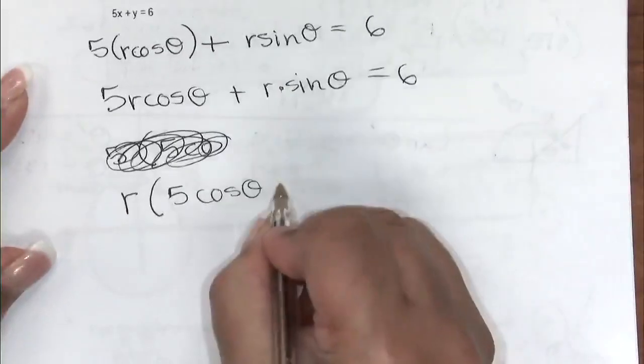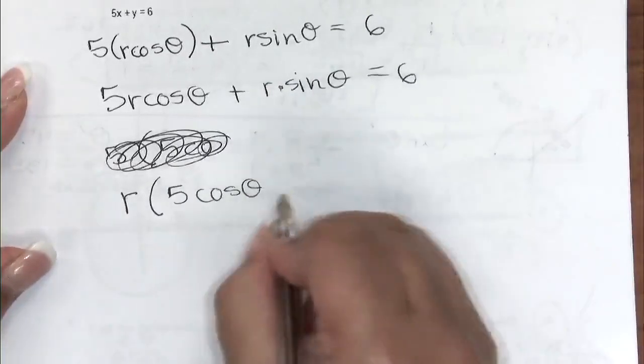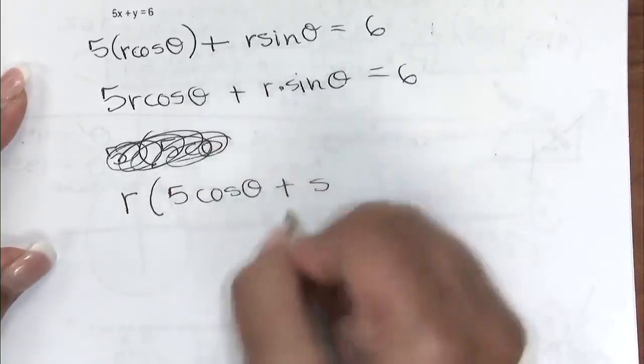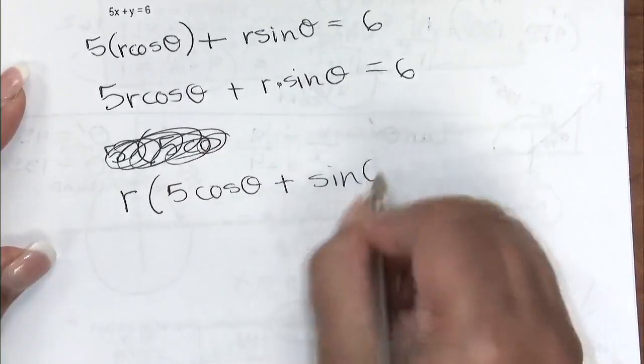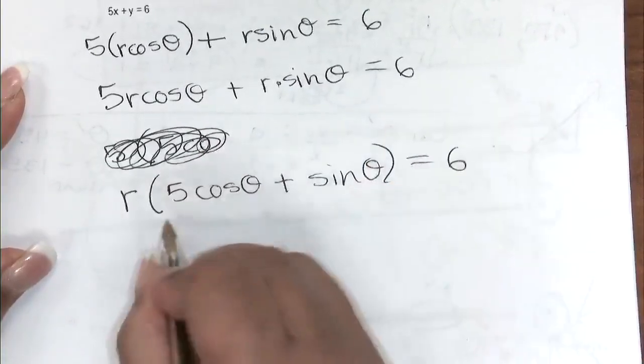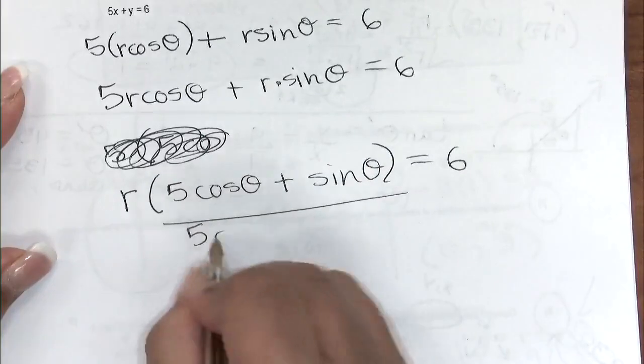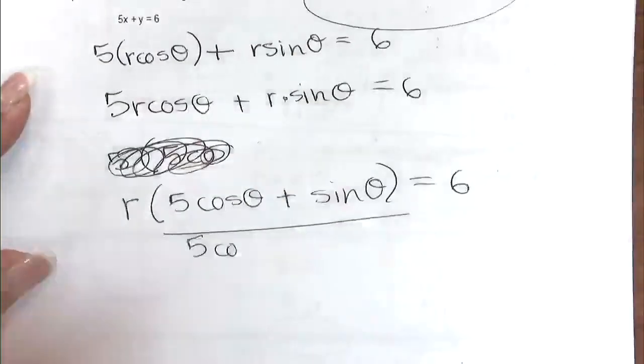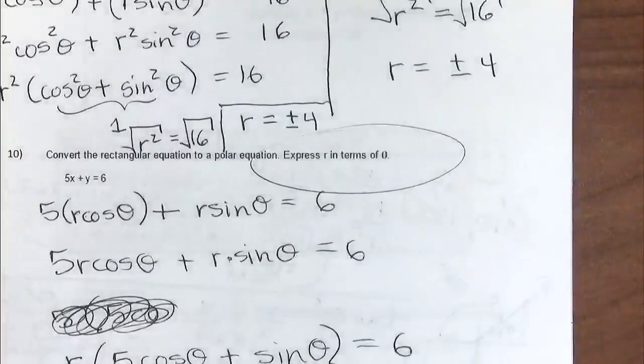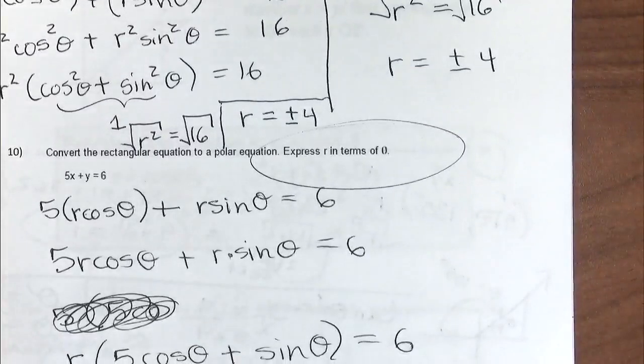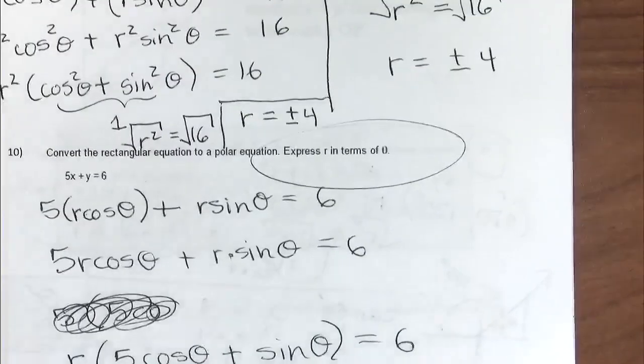And then factor out the r here, which would leave plus sine of theta. And then divide it off so that you're isolating the r, just like they asked you. Express r in terms of theta. That means solve for r.